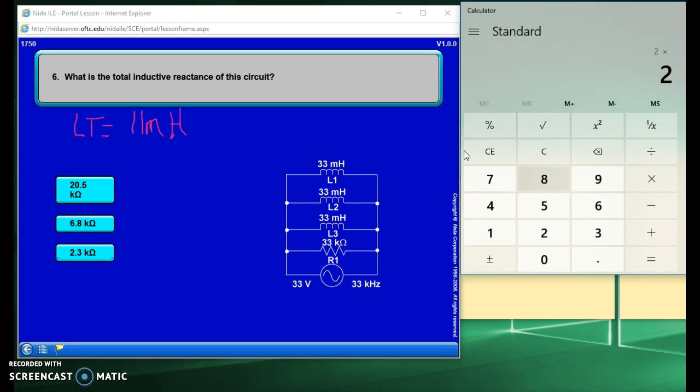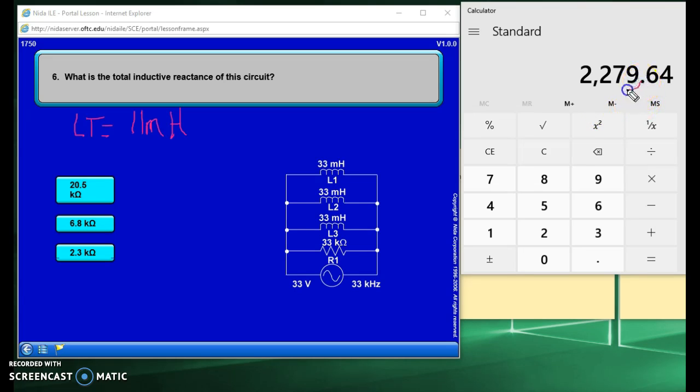2 times 3.14 times frequency is 33 kilohertz. We're in millihenries, times 33 times 11 equals 2,279 ohms. We know that decimal point is right here.